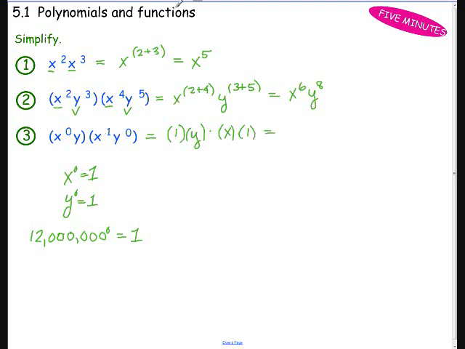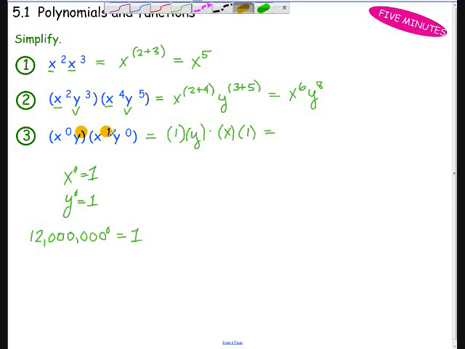Now, something I ought to point out here. There is no power written here. However, that is always first power. Whenever you have something which doesn't have a power written on it, that's to the first power. This one, however, did have that written. That's very unusual.